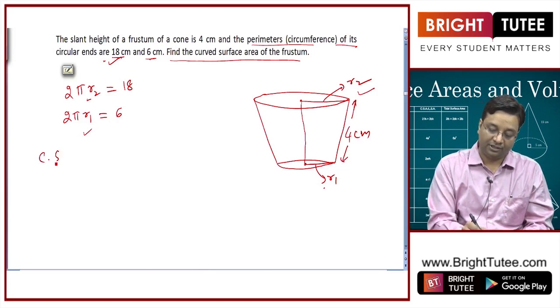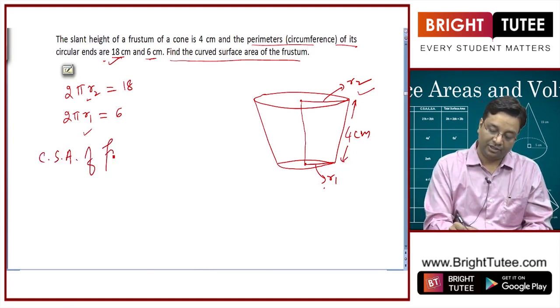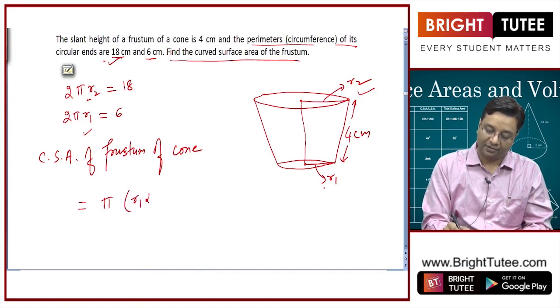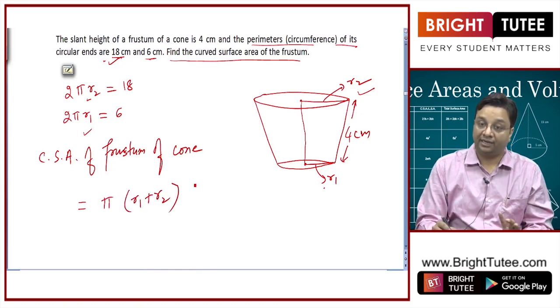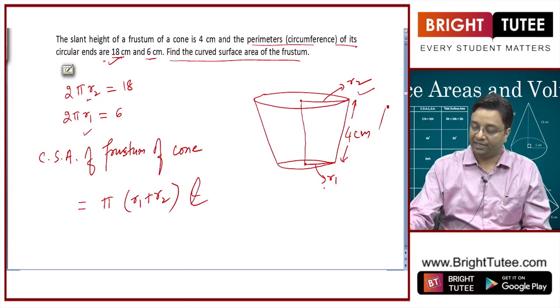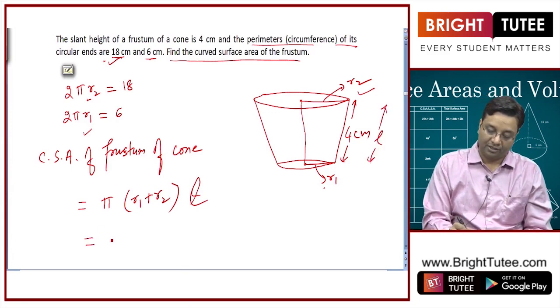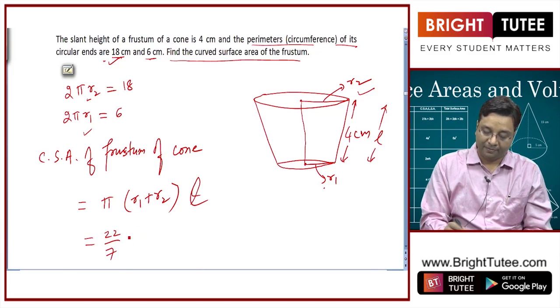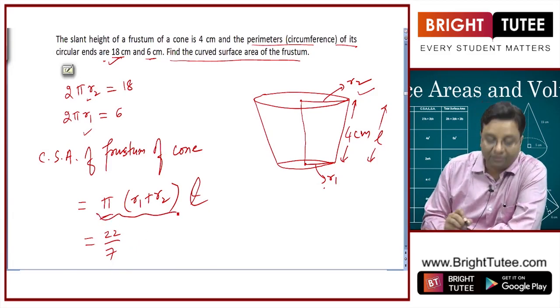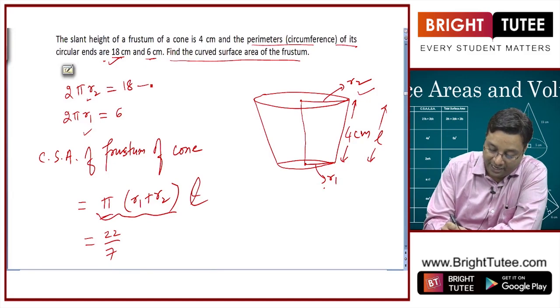So curved surface area of frustum of cone is equal to pi (r1 plus r2) into slant height, let us write L first to write the formula completely, then we will replace L by this 4. You do not have to write pi equal to 22 by 7 here, because you need pi (r1 plus r2). So you can add these two.